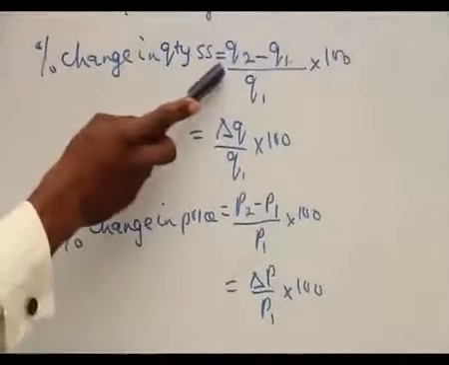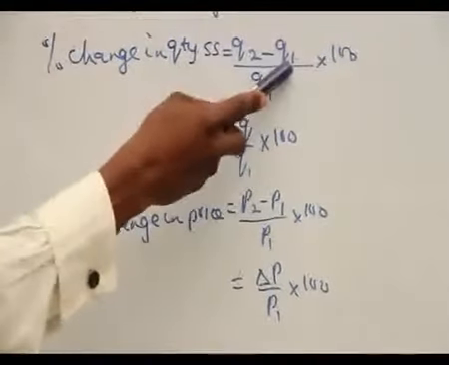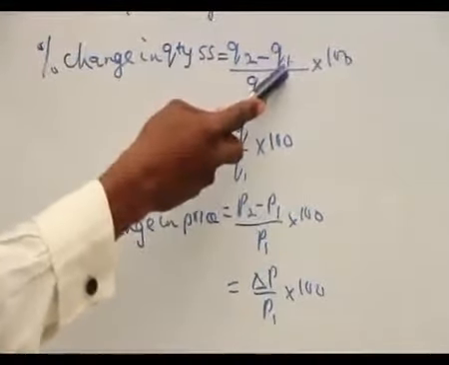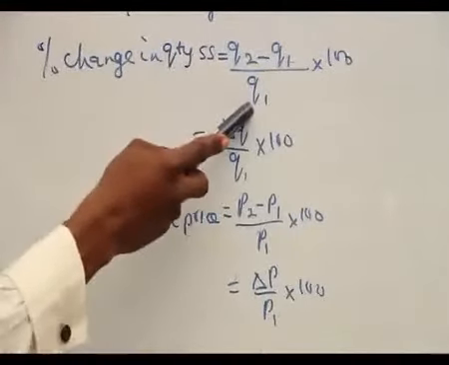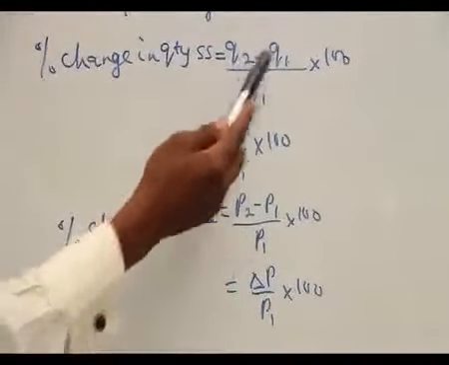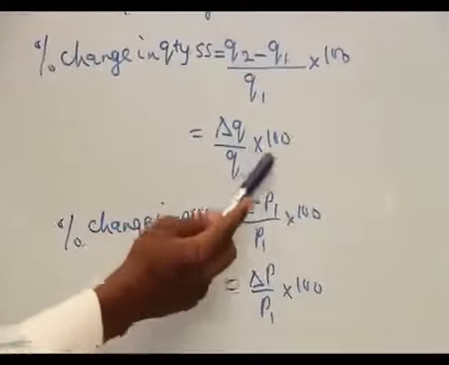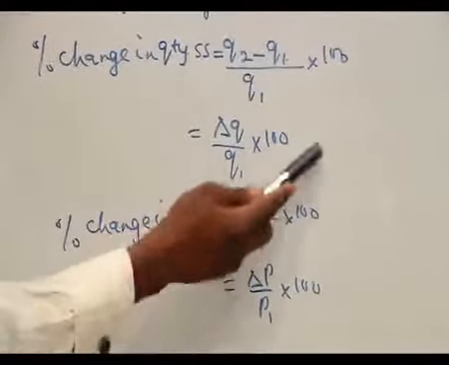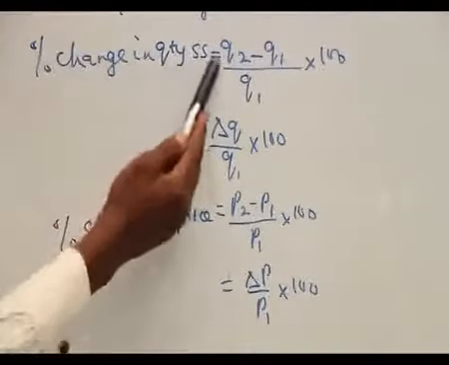When we say Q2, we are talking about the present quantity. When we say Q1, we are talking about the initial quantity, that is, the previous quantity supplied, over the initial or the previous quantity supplied times 100. The change between Q2 and Q1 is referred to as delta Q over Q1 times 100. So at the end, we get a value that will represent the change in quantity supplied.